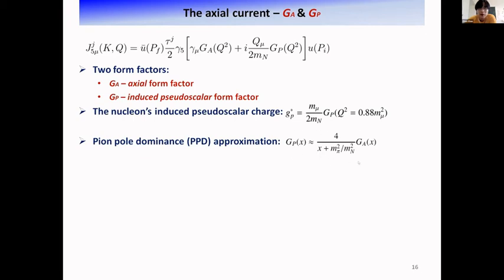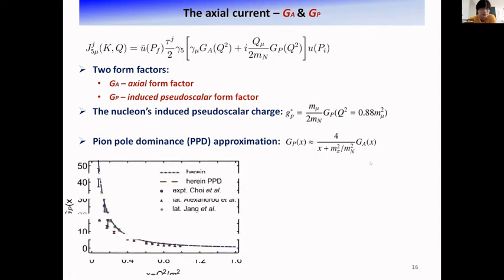This relation is not an exact relation, but people find that it is very useful. Here, in this panel, this blue dashed line is our directly computed GP, and this long golden dashed line is the PPD result obtained from this expression. We find that our computed results are almost indistinguishable from the PPD results.